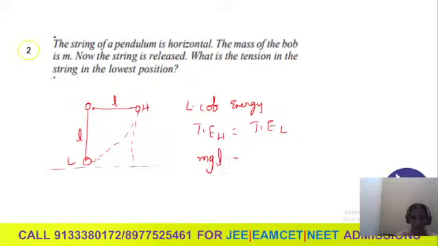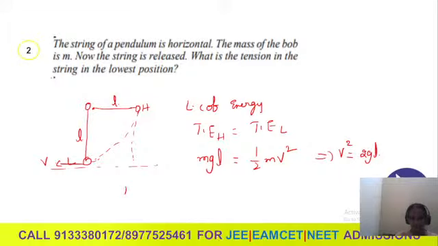Total energy at the horizontal is only potential energy. When it is at the lowest point, it can have some velocity, so it is given velocity to make the circular motion. So we can write half mv square. From this we can find v square, which is equal to 2gl.